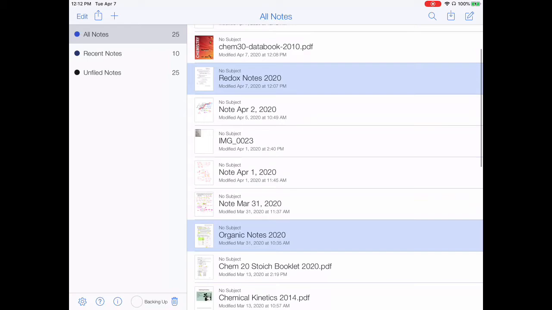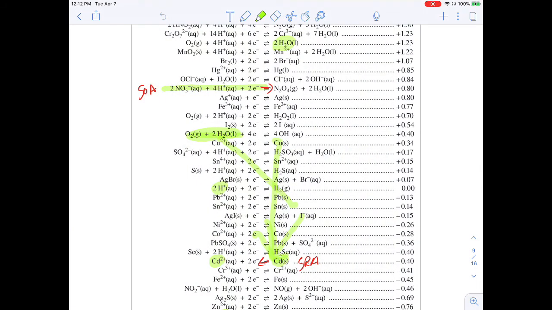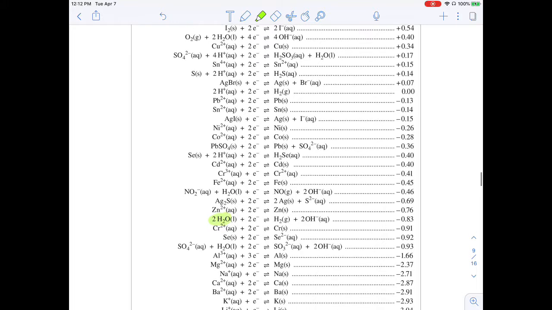Essentially the strategy is that if you've got a metal like iron, you can supply a metal that is below it, which will react instead of the iron. If I connected my iron to magnesium, the strongest reducing agent, it's going to react instead of iron, because iron is a weaker reducing agent.